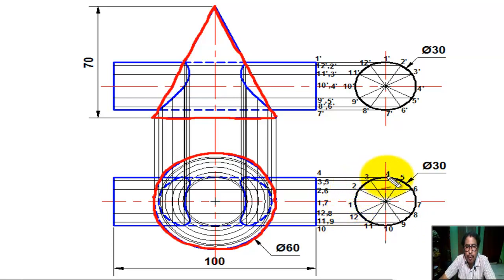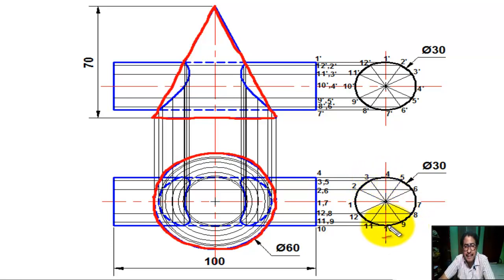Mark 1, 2, 3, 4, 5, 6, 7, 8, 9, 10, 11, 12 and again 1. 1 starts from this point.